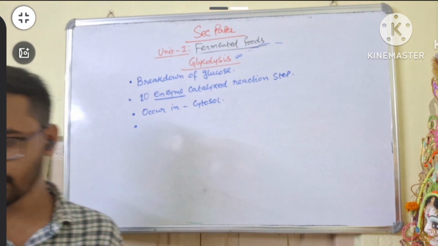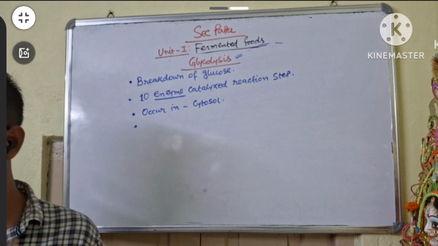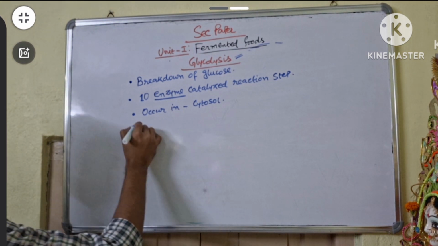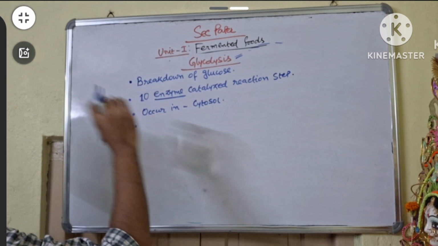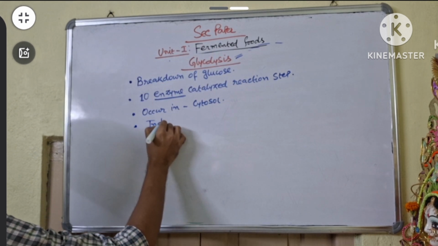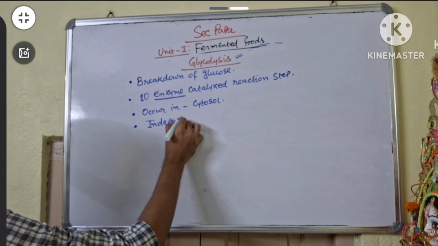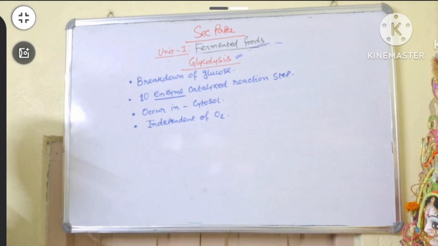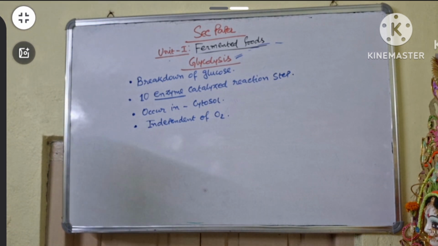That's why glycolysis is the first step in any scenario, aerobic or anaerobic. So glycolysis happens independent of oxygen.